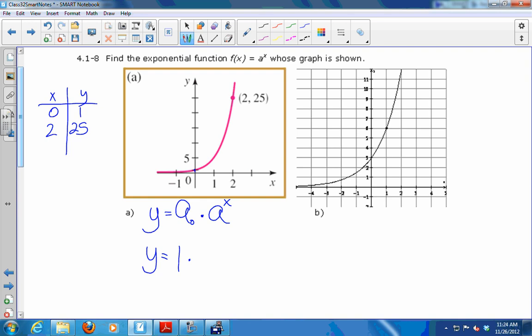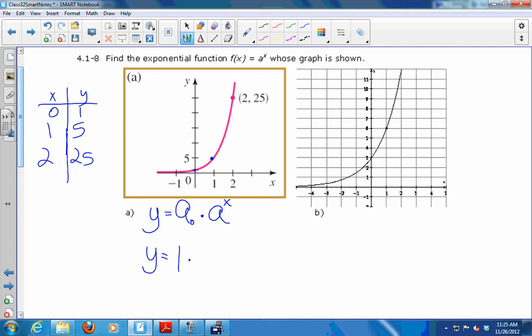Oh, right, I skipped an x value. 1, what? 5. So what do you multiply 1 by to make 5? 5. What do you multiply 5 by to make 25? 5.